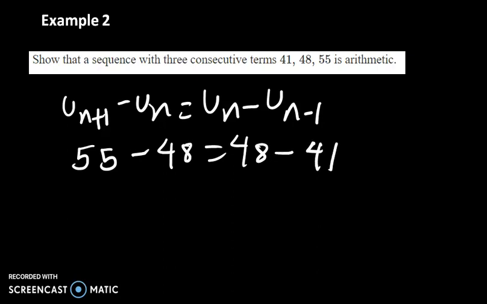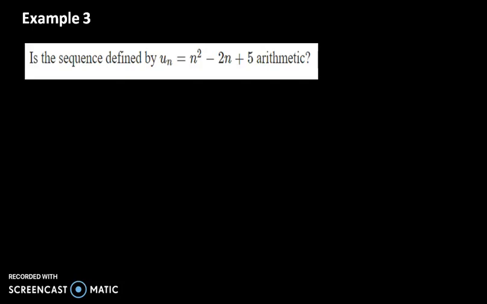So 55 minus 48 gives 7, and 48 minus 41 is 7. Since these values are equal, this shows us that this sequence is an arithmetic sequence, because they have a constant number that's the same.